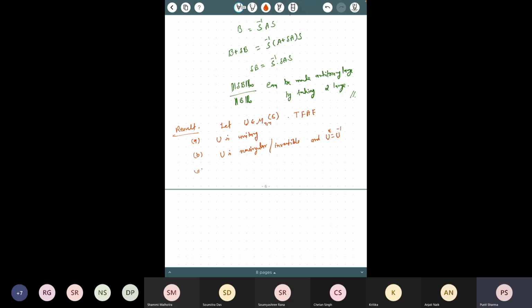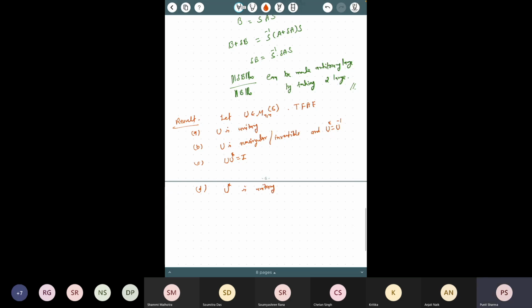Or you can say that, so we have defined a unitary matrix by the property that U star U is identity, but it is the same as U U star is identity. You can say that U is unitary if and only if U star is unitary. That is also true.